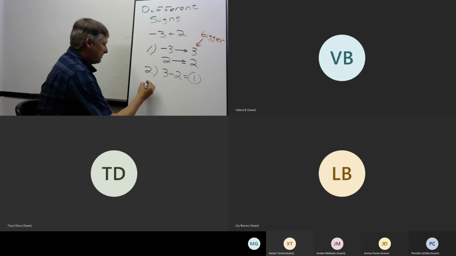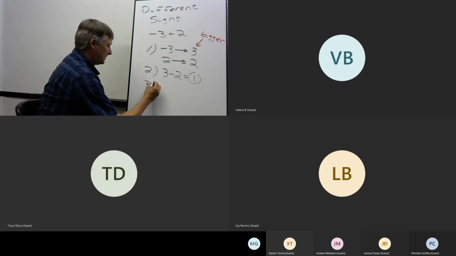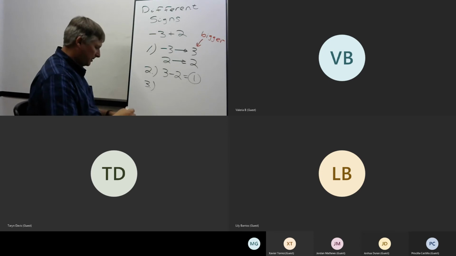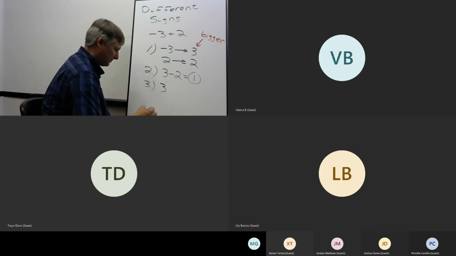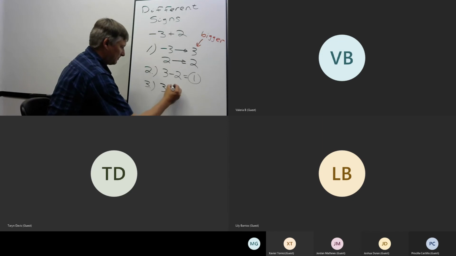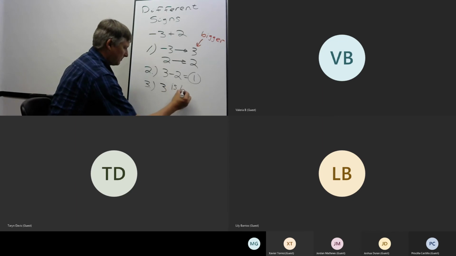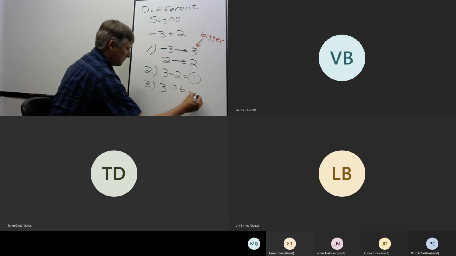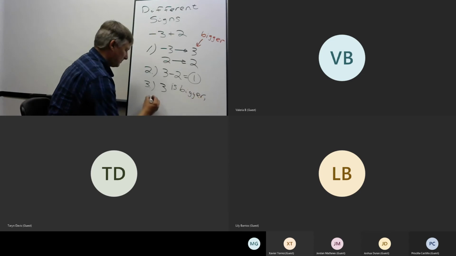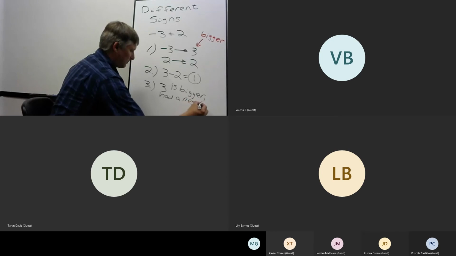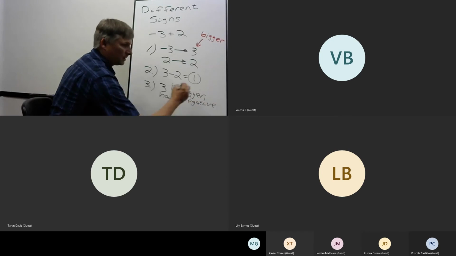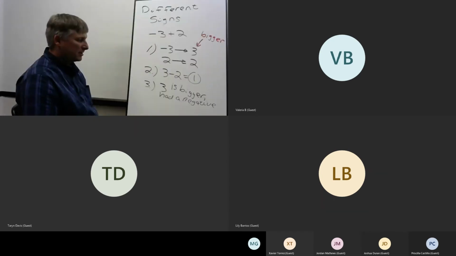So for the third step, we take a look at this bigger number, which is 3. Three is bigger and it had a negative.